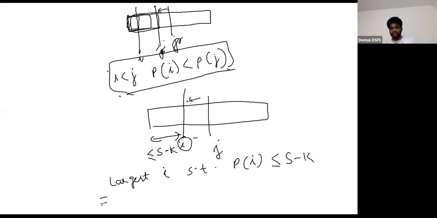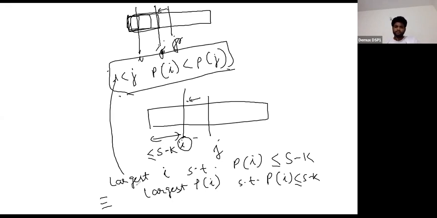So isn't this equivalent to saying that I want to find the largest p_i such that p_i is less than or equal to s minus k? Because of this, do you understand this?